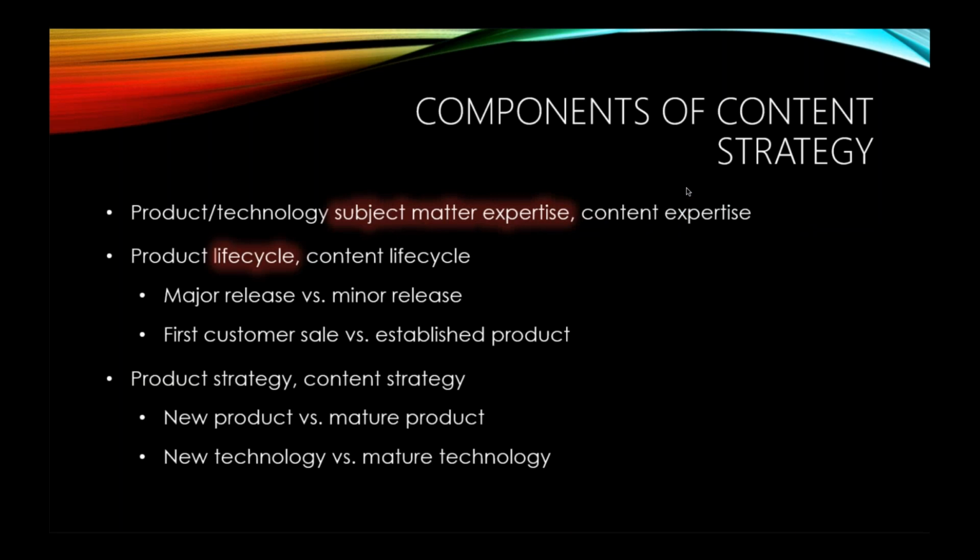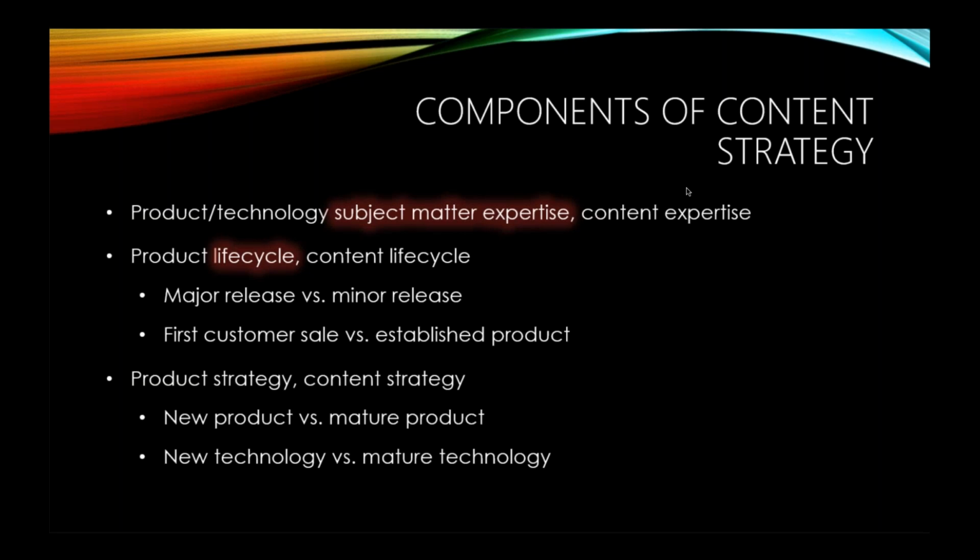Some more components with regard to content strategy include understanding of the product. It's important for a writer, for a content professional to know what they're writing about. So learning the product, becoming the subject matter expert on a certain topic, on a certain product, on a certain technology is critical. Understanding the product life cycle is going to relate to the content life cycle.